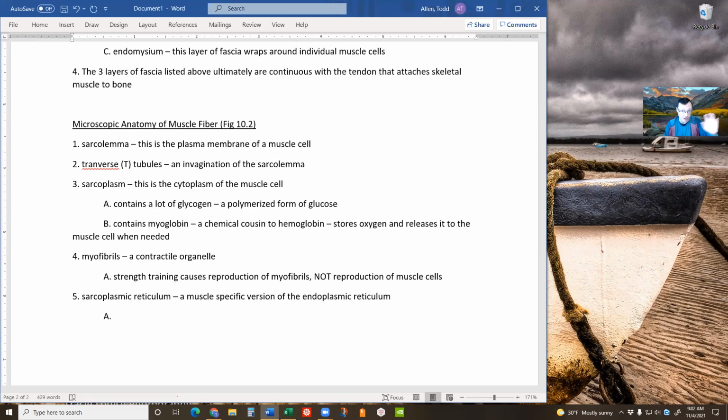It's obviously not color-coded in a real cell, but it's a network of membranes that's enclosed, self-sealed, like a balloon with a really odd shape. And inside the sarcoplasmic reticulum, your muscle fibers are going to store calcium. Calcium is stored in the sarcoplasmic reticulum and only released when the muscle cell receives an electrical signal from the nervous system. Okay.